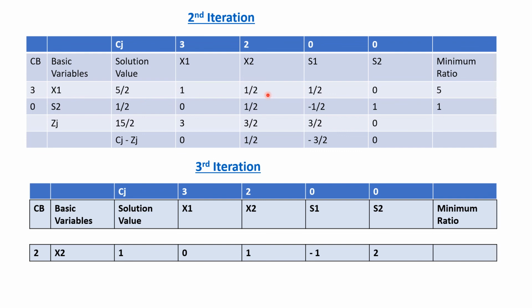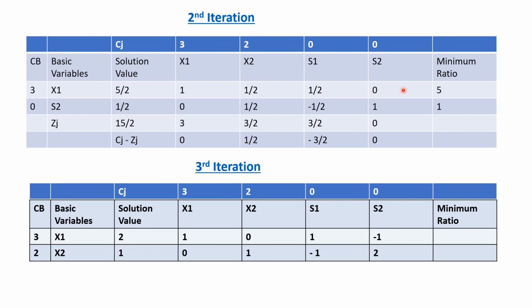Once we get the multiplier for x1 row, we have to multiply all these elements of the newly entered variable x2 with this half, and the resulting elements are to be subtracted from the elements of x1 row from the previous table, right? So what we get is this. The working has been done in the next slide. You can refer to this.